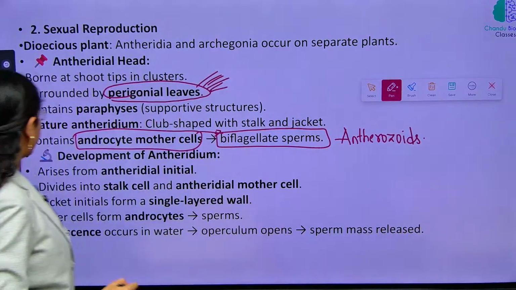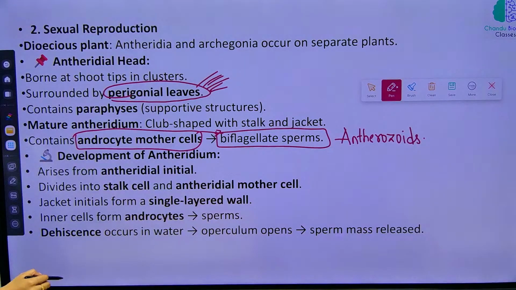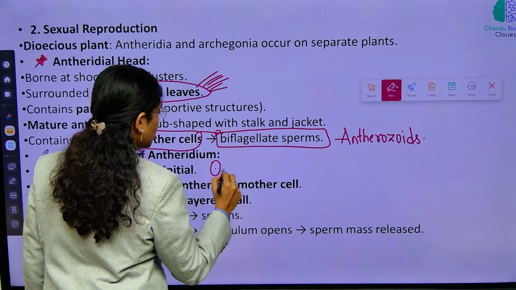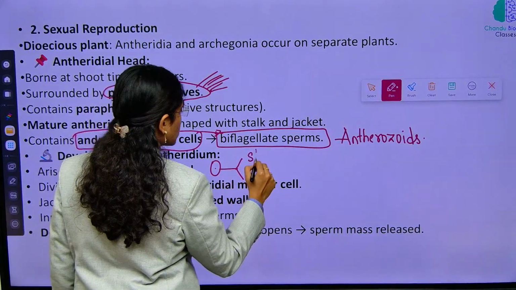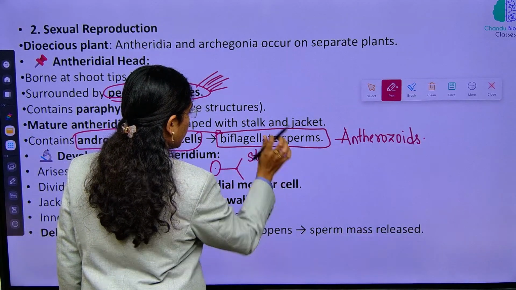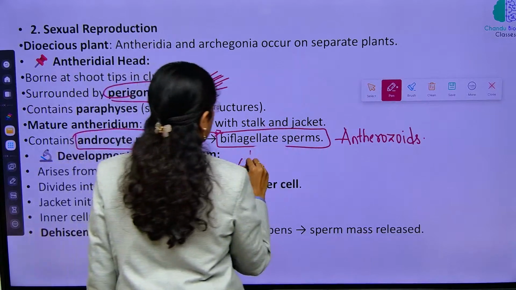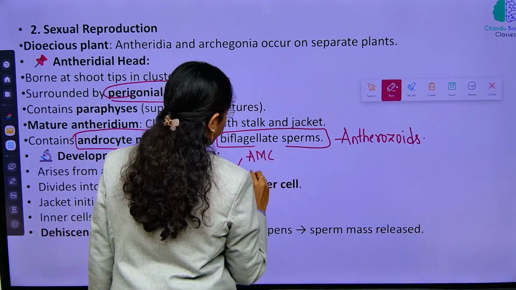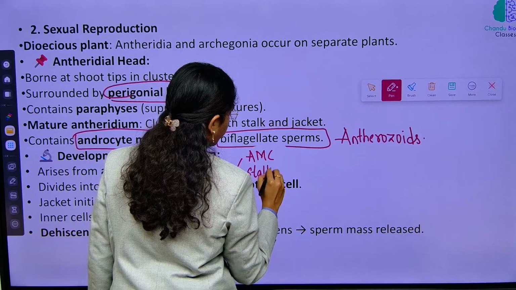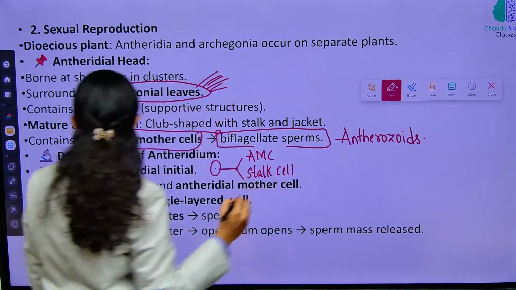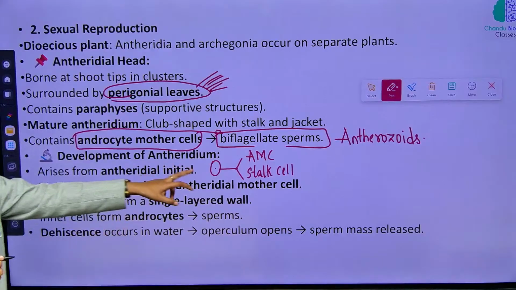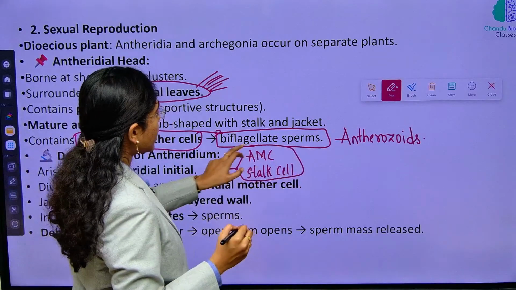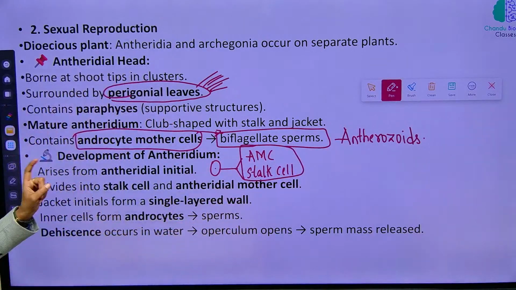Fine. And then development of Antheridium is from a single antheridial initial. One single antheridial initial will divide into a stalk cell and an antheridial mother cell. This is surrounded by a jacket layer of cells which is a single layered wall.